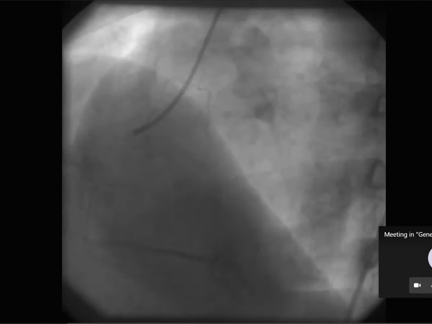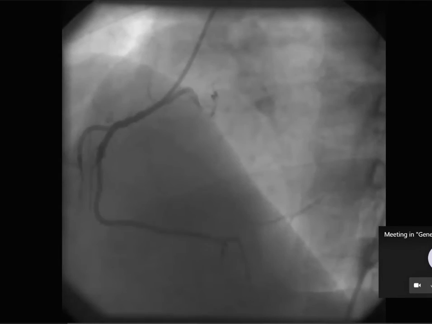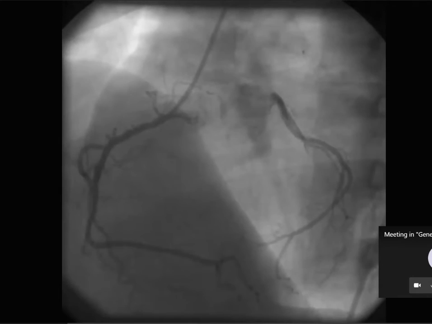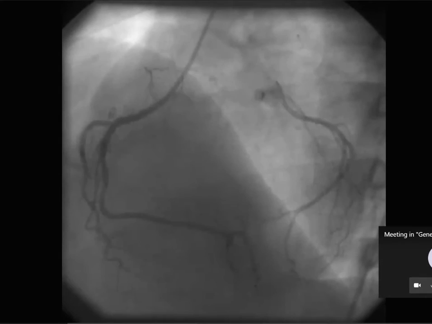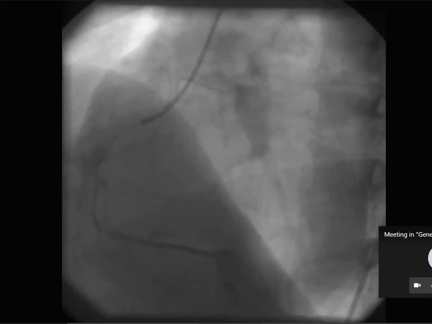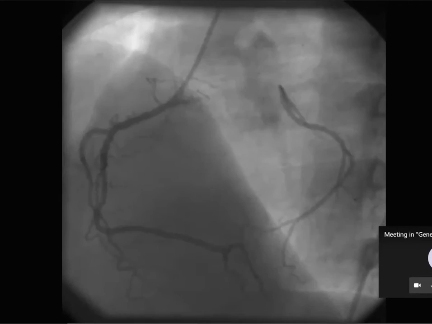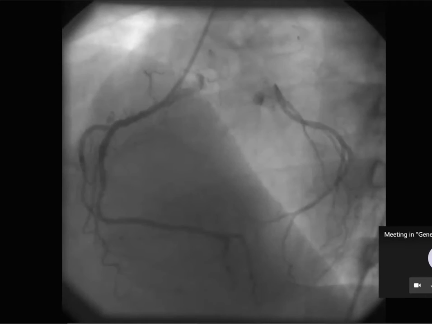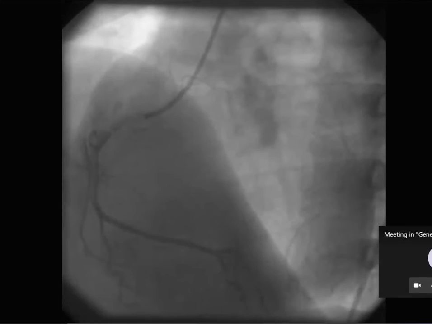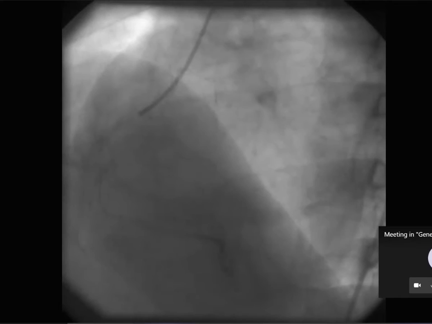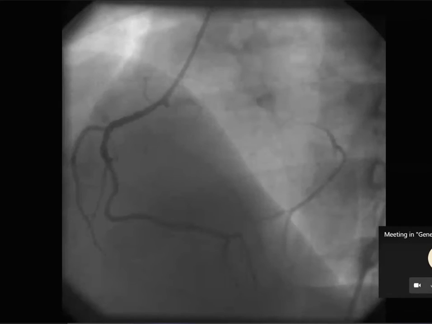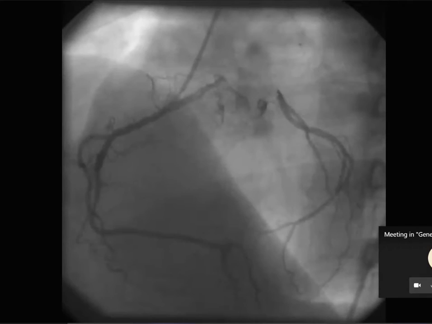What is this angiogram? What is the difficulty? It is the right coronary injection, no? Yes, sir. LMC originating from the right coronary. Right coronary injection. What is happening?